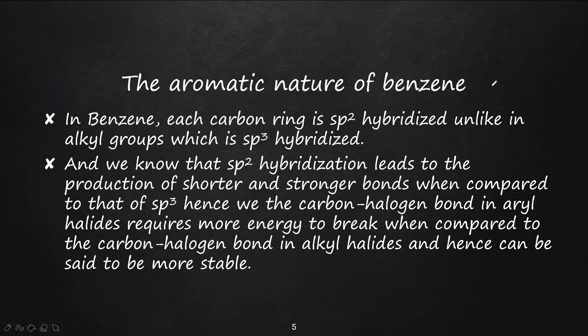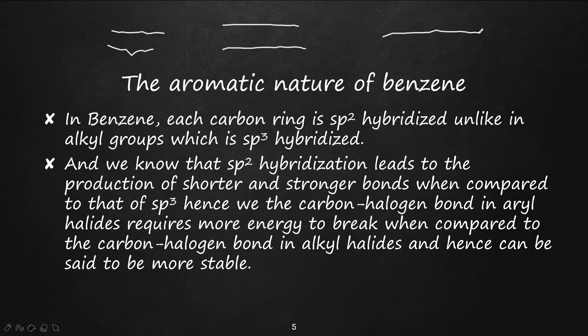What this point is trying to say is that the double bond is shorter. A double bond is a shorter bond compared to the single bond, and it is a stronger bond because you're breaking two bonds, not one. So we expect the double bond to be stronger and shorter.